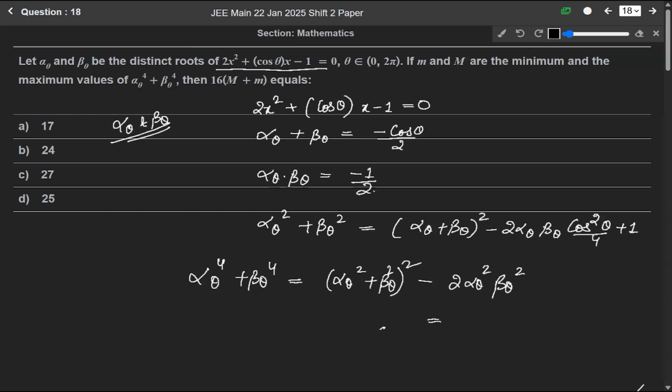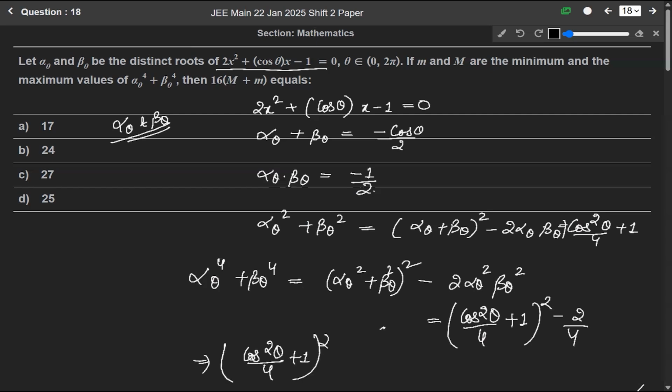So it will be equal to (cos square theta over 4 plus 1) whole square minus 2 by 4. Okay. So this is (cos square theta over 4 plus 1) whole square minus 1 by 2.